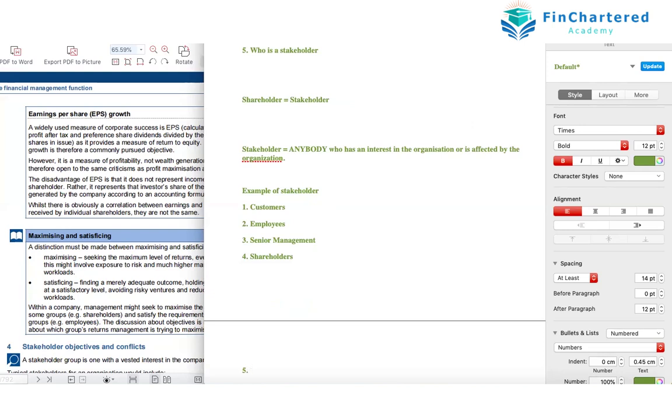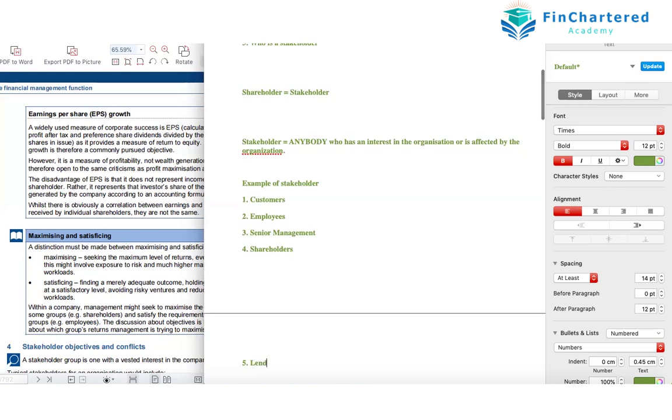Obviously, where am I putting it? What am I doing in the business? Am I starting the business and sleeping? You will be interested. So anybody who lends money, yes, Arisha, you're right, you want me to pay you back. Anybody who lends money to the business will be a stakeholder because he's interested in knowing whether you can pay him back or not.